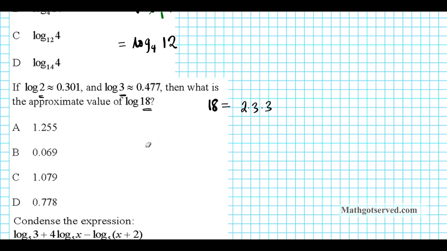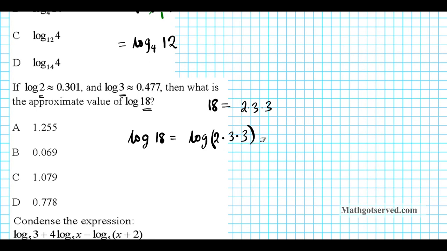Now we're going to write log 18 is equal to log of 2 times 3 times 3. Now we're going to use the product property of logarithms to expand this.